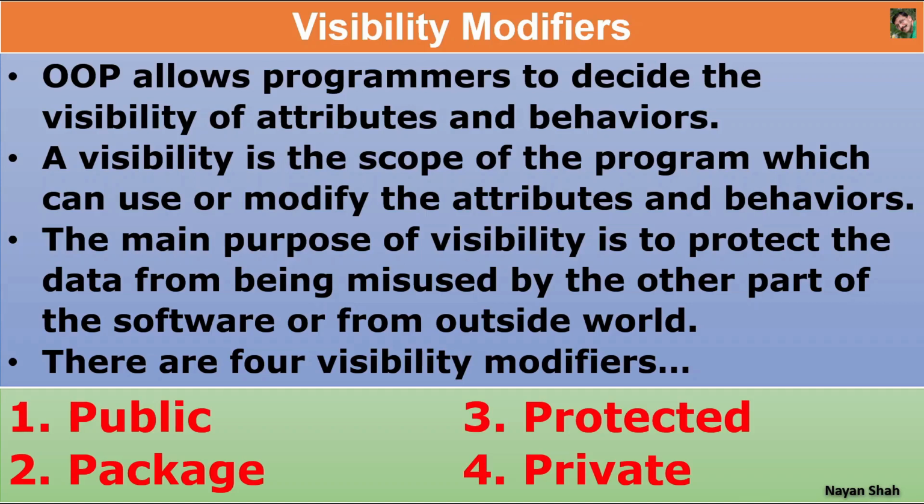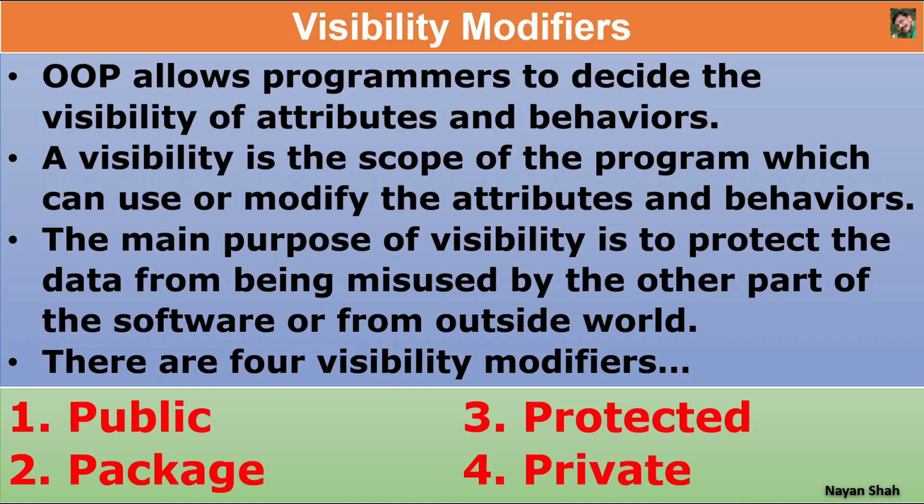So that is protected. And private means purely private. For example, your credit card CVV number is purely private, not available to anybody. So that is public, package, protected and private.